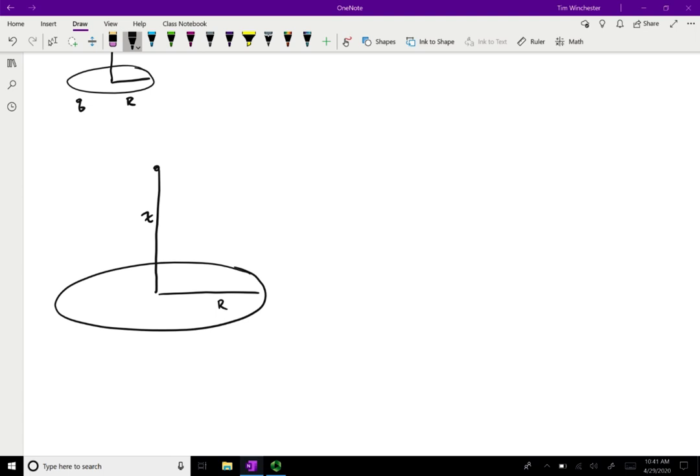And what I'm going to do is split the disk into rings. So a narrow ring like this. The radius of that ring I'll call little r, and the thickness of the ring I'm going to call dr, like that.